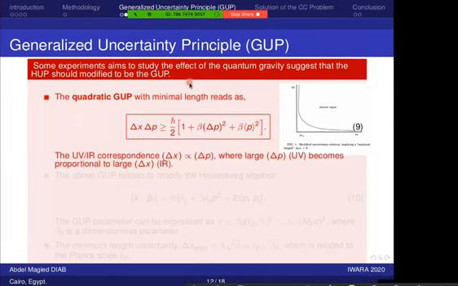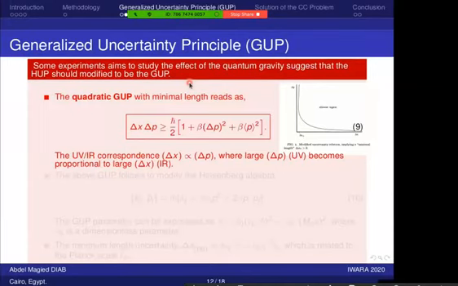Different approaches from theoretical analysis, such as string theory, black hole physics and doubly special relativity, suggest the existence of a minimum measurable length. Also, some experiments aim to study the effect of quantum gravity and suggest that the Heisenberg uncertainty principle should be modified, to be called the GUP, with approaches to the Planck energy.